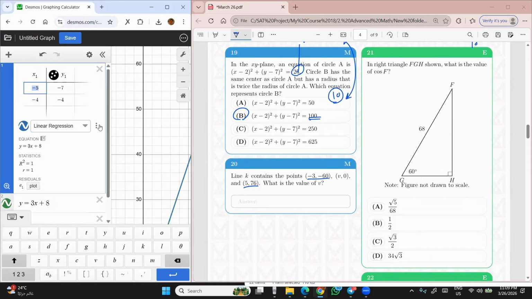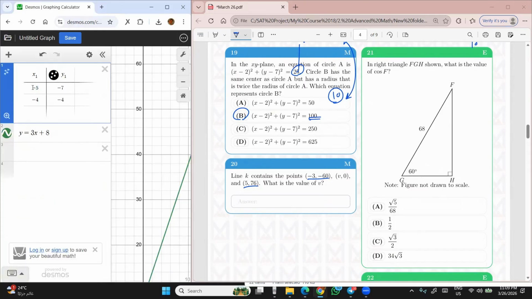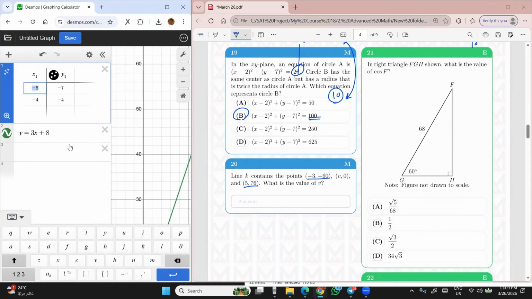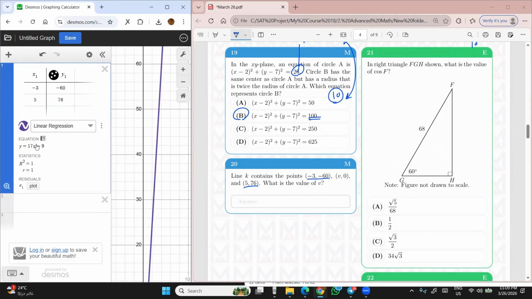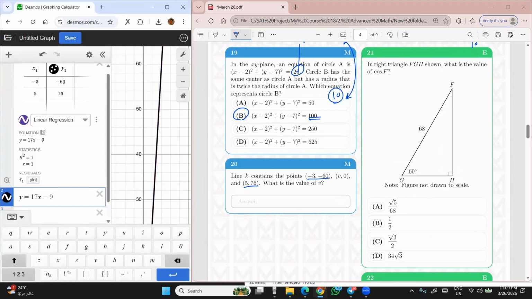So we can use the table, we delete this one, use the same table, just erase this and write -3, tab, write -60, tab, write 5 and 76. And then we get this equation here. You can just click this on the regression, and we have this equation.